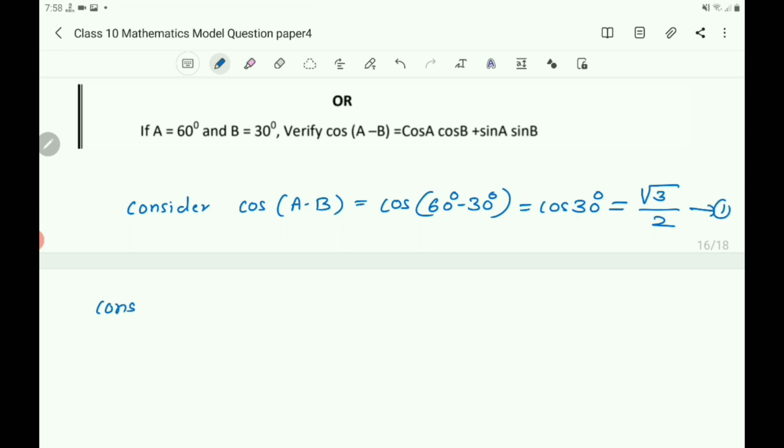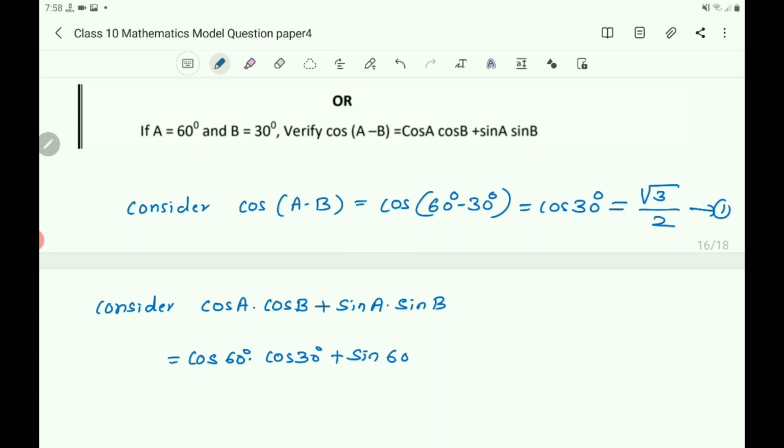Next you consider cos A into cos B plus sin A into sin B, that equals cos 60 degree into cos 30 degree plus sin 60 degree into sin 30 degree.